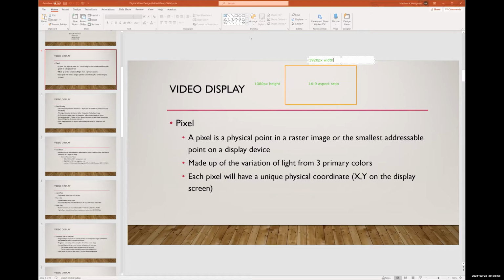Okay, right. And if we think about this, this is actually a grid that's occurring here, right, of pixels.